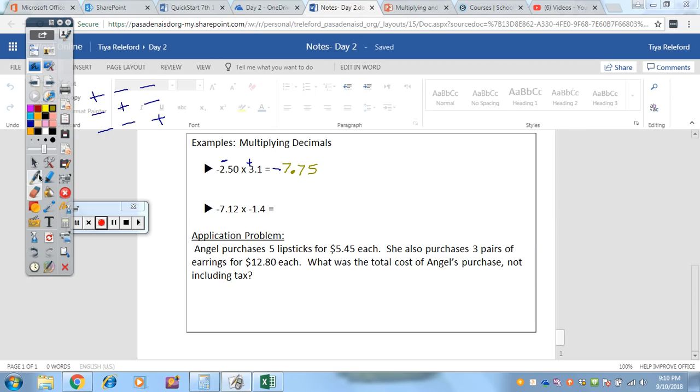Let's look at the second one. I have 7 times 1, so should my answer be close to 7, right? It won't be exactly, but it should be close. So if I get 300, I'm wrong. Or 70. Make sure it makes sense. I have negative and negative, so my answer is positive.